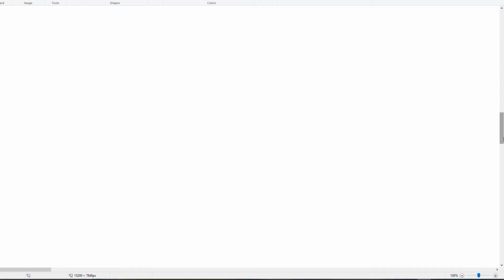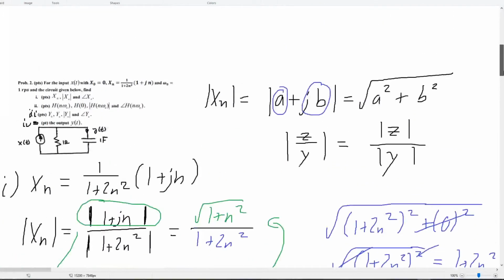How do we find H(nω0)? Okay. So first, let's do something like this. H(nω0). Omega 0 is actually given to us at the bottom, continues, 1 RPS.